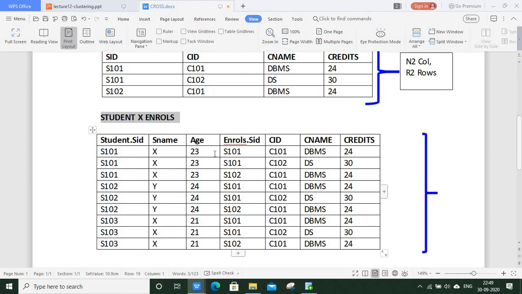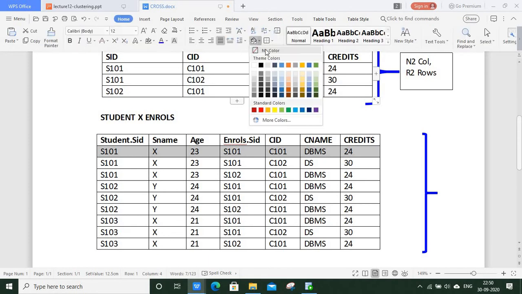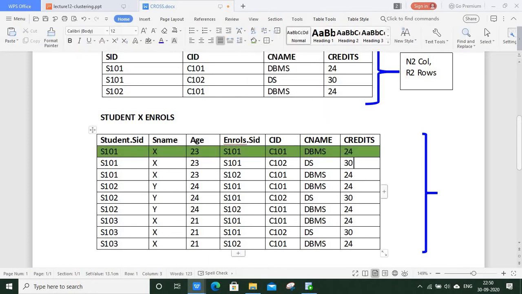And how can we distinguish or find the relevant and irrelevant combinations? For that we will take help of the common attributes. Like here we have student ID as the common attribute. If we see the rows one by one, you will see that this is the data of student 1, and that is relative to student 1 in the course table. So we can say that is a relevant combination, because it is expected that we are matching it with its own record.